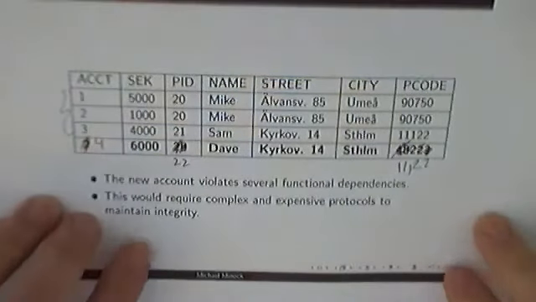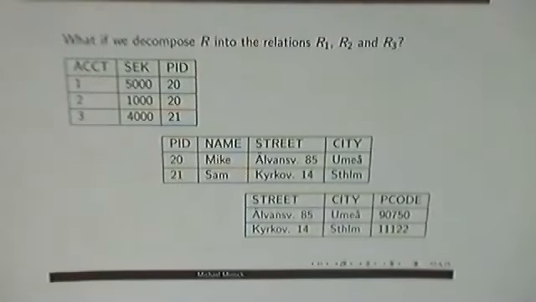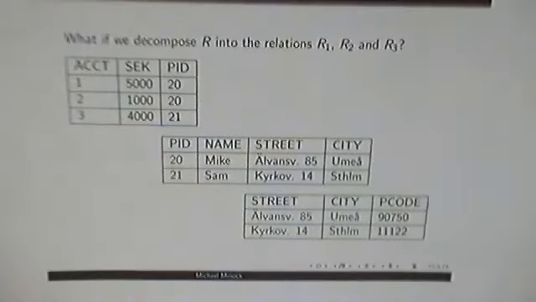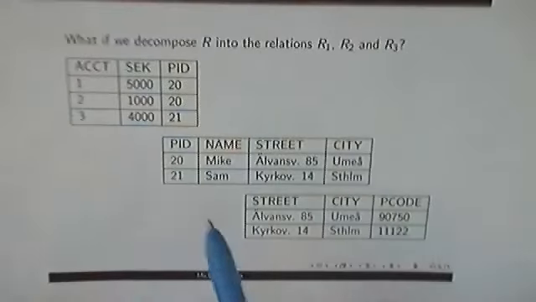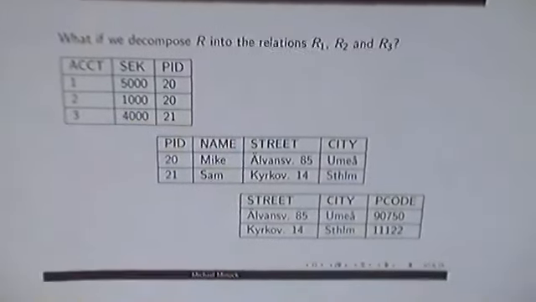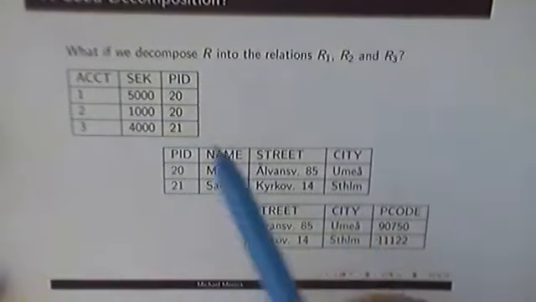So let's think about how we would do this. All right. So what if we decompose? What if, instead of having this big table with all these attributes right here, we do this instead? We're going to have 3 different tables. That's called decomposing.